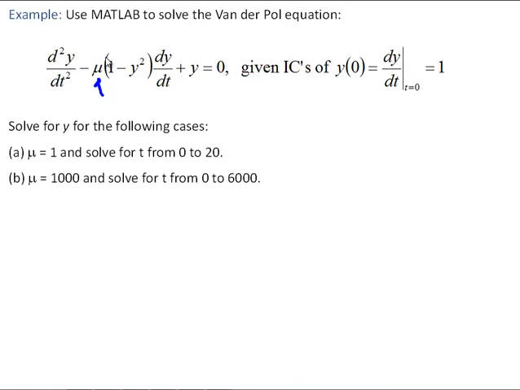What we'll see is that for mu equals 1, this is a nonlinear differential equation that we can solve using pretty much any method. For mu equals 1,000, this actually becomes stiff. When we write this as a system of two ODEs, this is a stiff ODE for mu equal to 1,000.